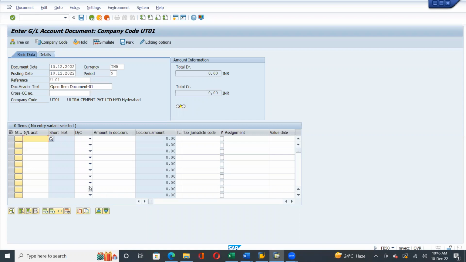Here I'll write the salaries account. We have created the salaries account number 4,30,000, I believe, the USA salary account. Salary debit, amount. Next, what is the salaries payable account number we have created? Anyone remember?